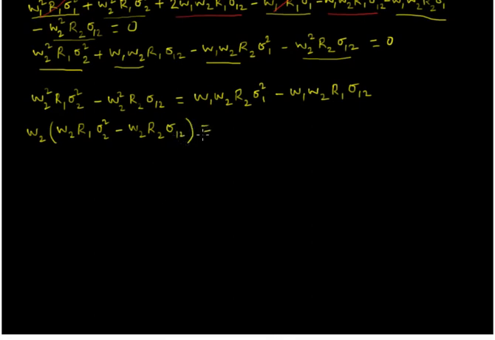Let us do the same thing on the right hand side. W1 times R2 times variance of 1 minus W1 times R1 times covariance between 1 and 2. This means that this W2 can be struck off with this W2.